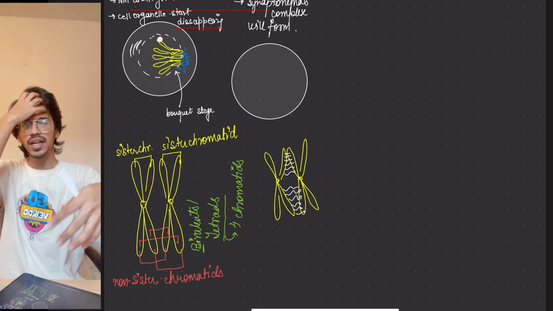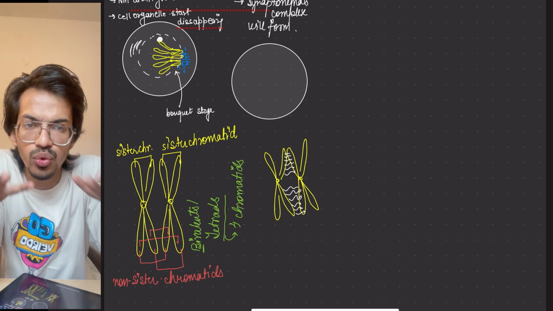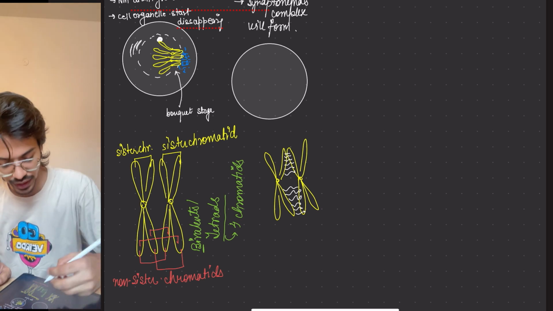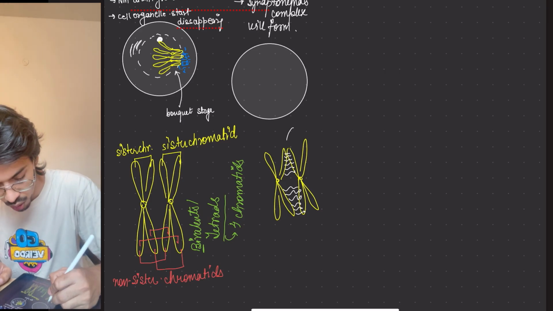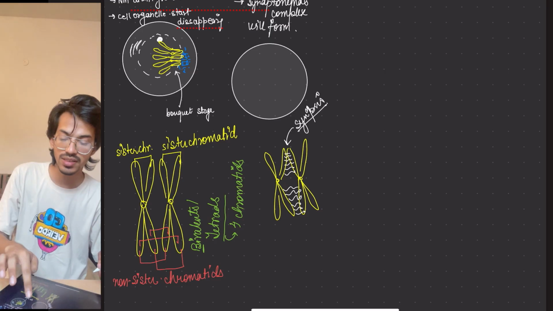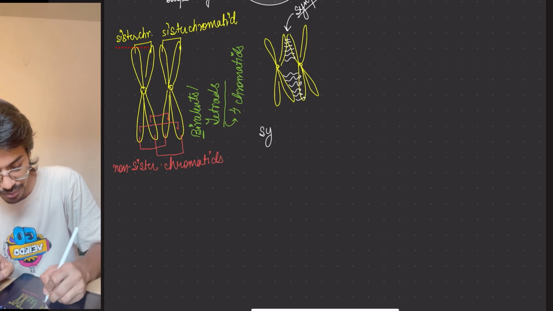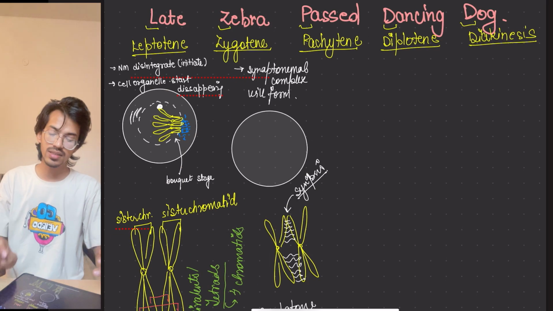It is like when you go to a new friend's place, or if your new bench partner is there, you will try to talk with him. The same thing is happening here. What is forming the synaptonemal complex? We call that synapsis, and because of this the stage name changes to synaptotene stage. So zygotene stage is also called synaptotene stage.